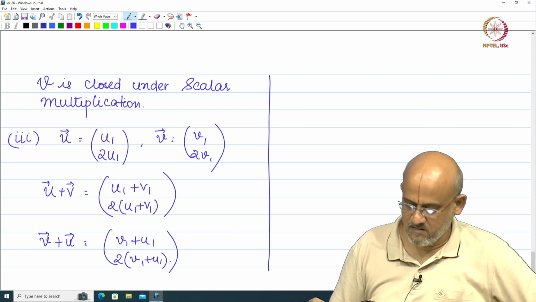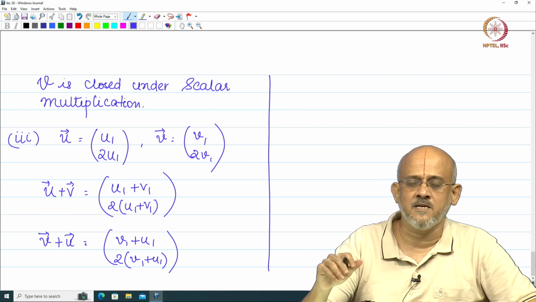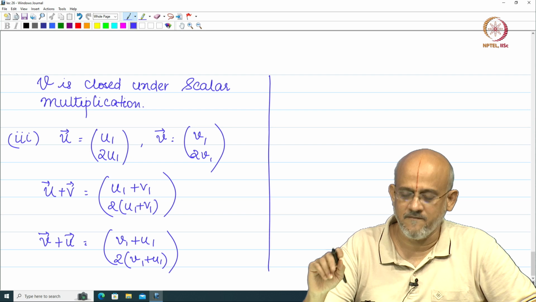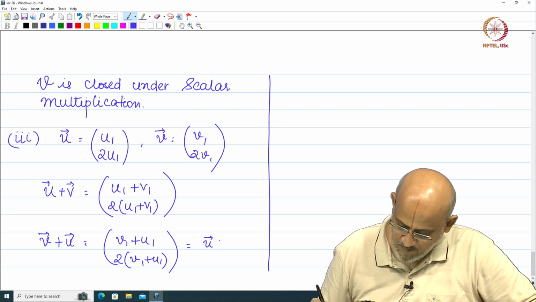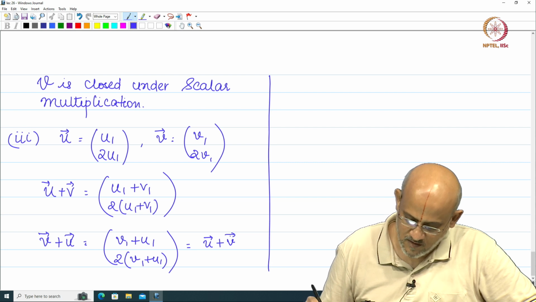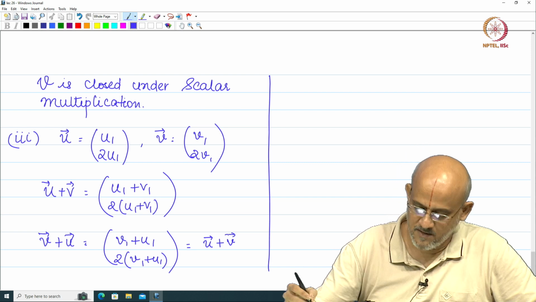These are real numbers, and when you add them you have commutativity holding good. So, this is the same as u plus v, therefore the commutative property holds good.